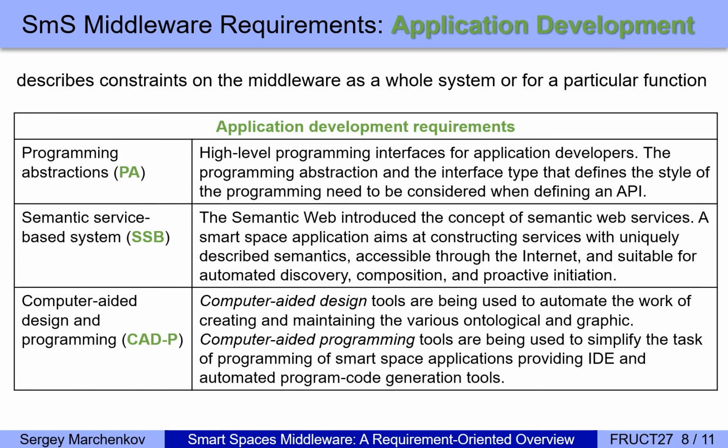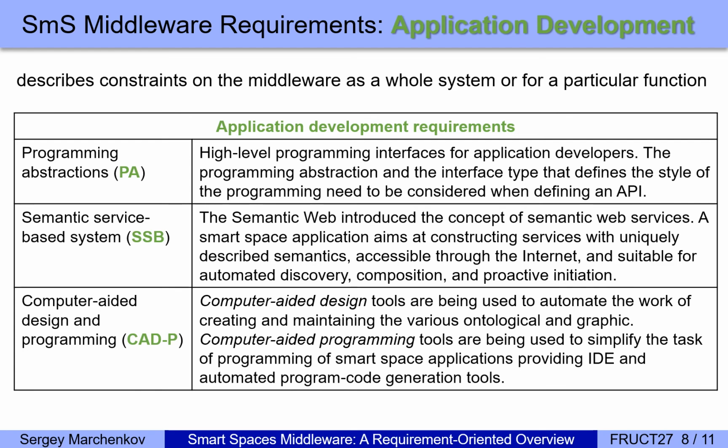The last group is application development requirements. On the one hand, a growing number of smart spaces applications impose requirements on simplifying the application development and software maintenance. On the other hand, the semantic web technologies impose unified standards for application development. Semantic web introduced the concept of semantic web services, which can be used in smart spaces.